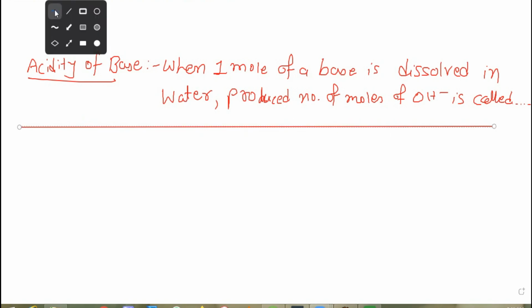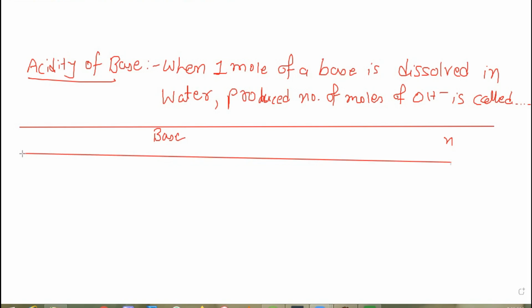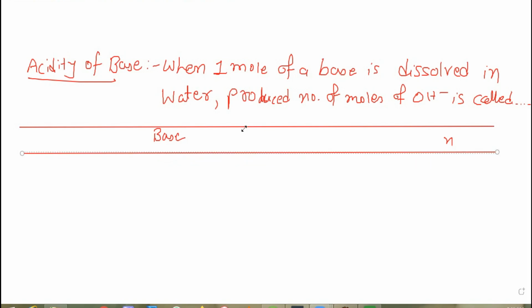So if we take different bases, see, now here we are taking base and then N factor. See, NaOH, KOH, NH4OH. These substances produce only one OH minus on being dissolved in water.